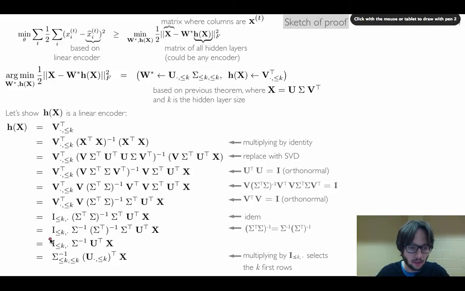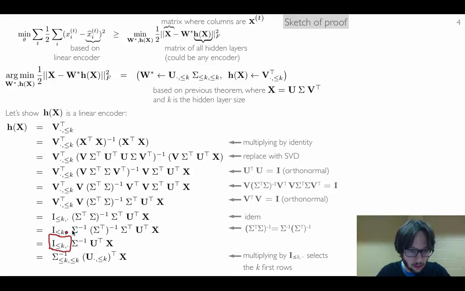I'm multiplying on the left by this identity matrix, for which we consider only the first k rows. So whatever is happening here, this matrix is only going to select the first k rows of the result of that expression.